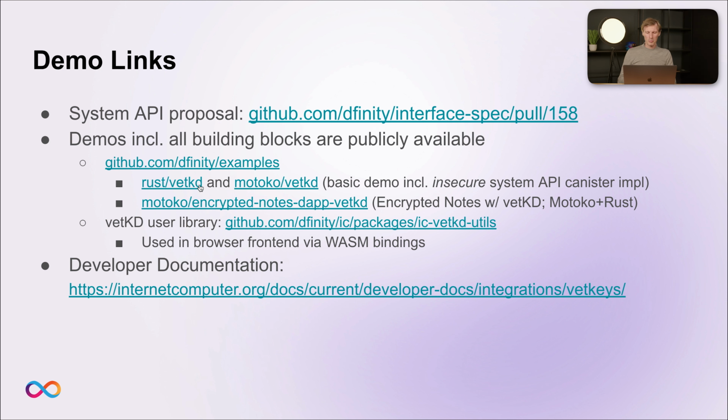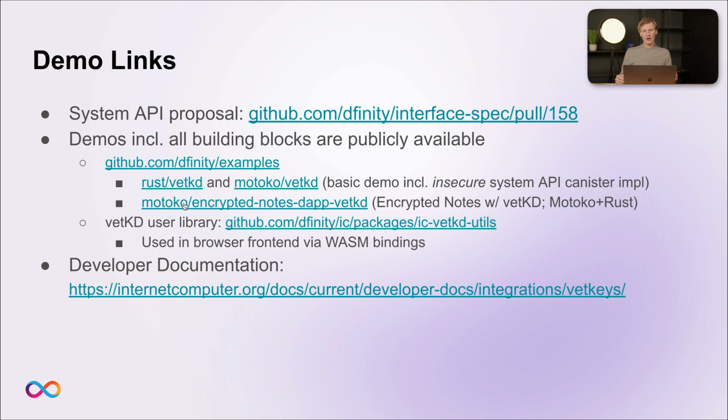Again, the basic demo that comprises symmetric key encryption, decryption, and IBE is available for Rust and Motoko. And we also have the encrypted notes app that uses vetKeys in the Motoko folder, but there is also a Rust variant of it.